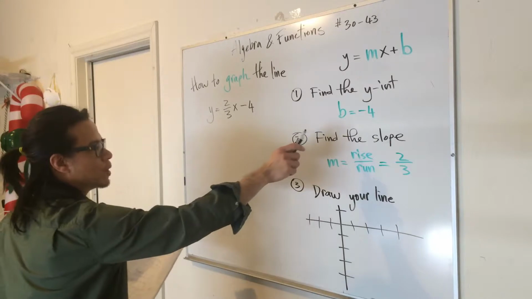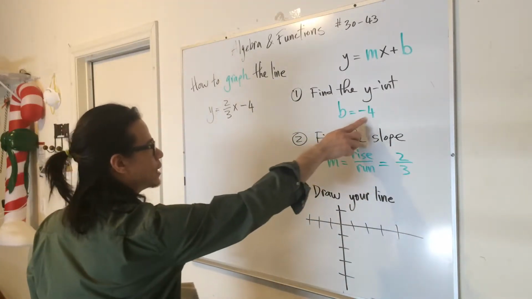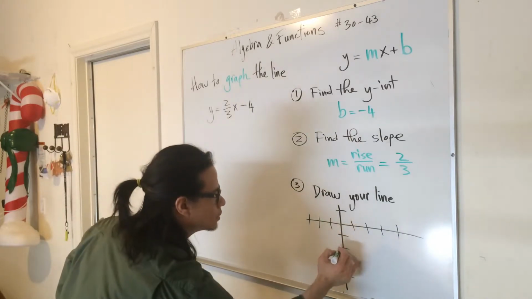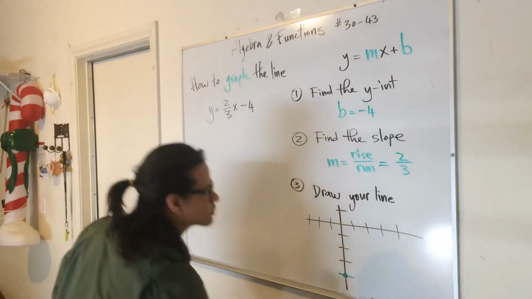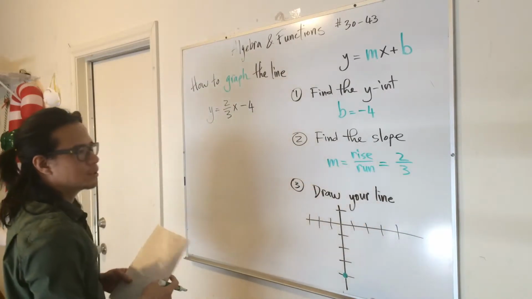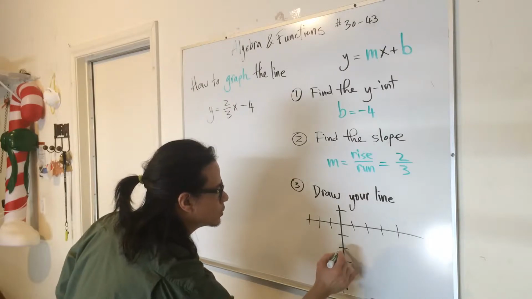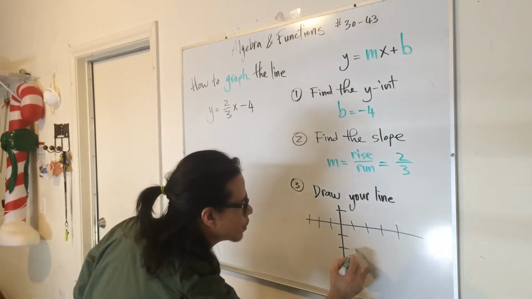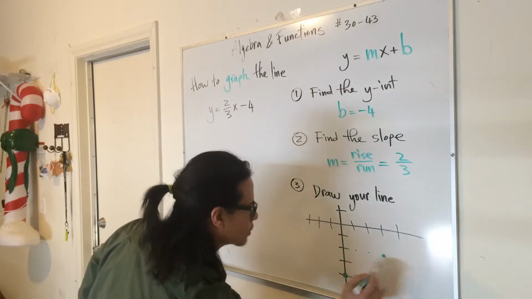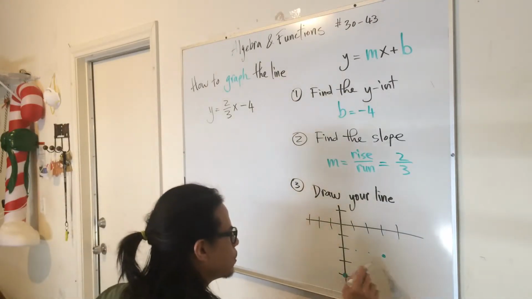Going to find where the line crosses the y-axis at point negative 4. 1, 2, 3, 4. The slope is rise of 2, run of 3, so going up by 2, 1, 2. Going over by 3, 1, 2, 3. Look what we have here. We have 2 points.